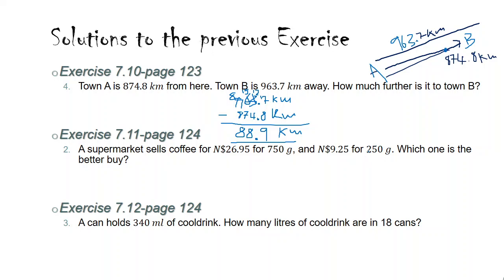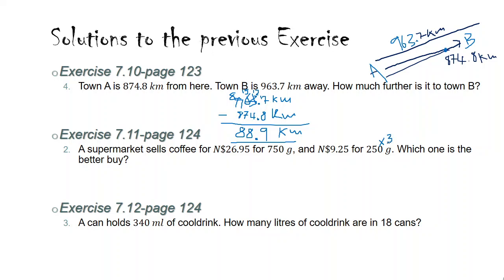What you can do is find a number to multiply by, so that both have the same grams, for example 750 grams.